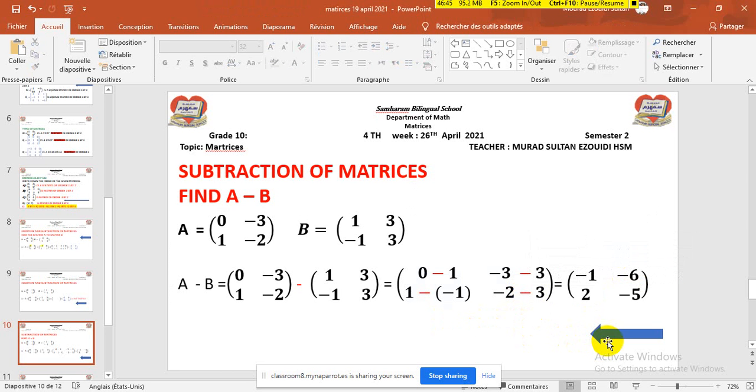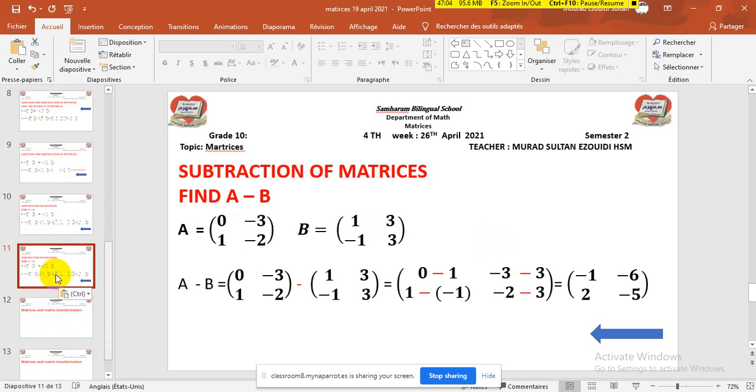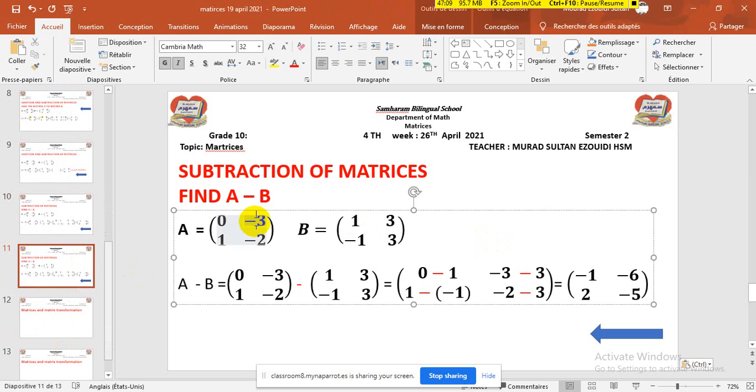We go to the second. Now we'll change the numbers and you will do it yourself, my daughters.